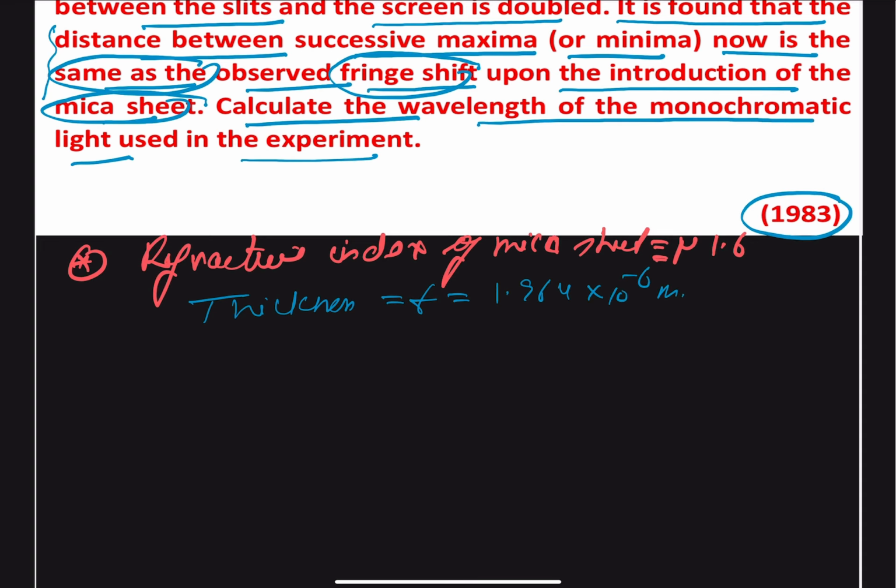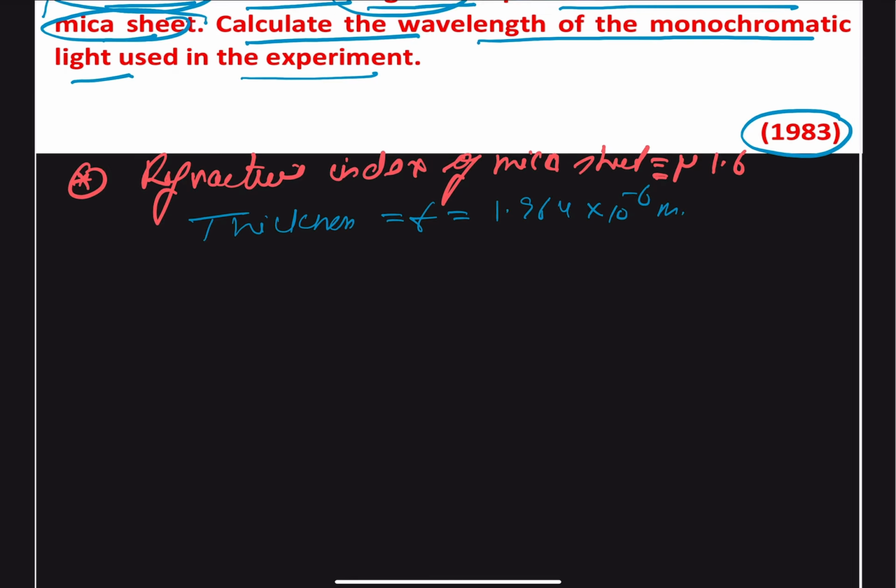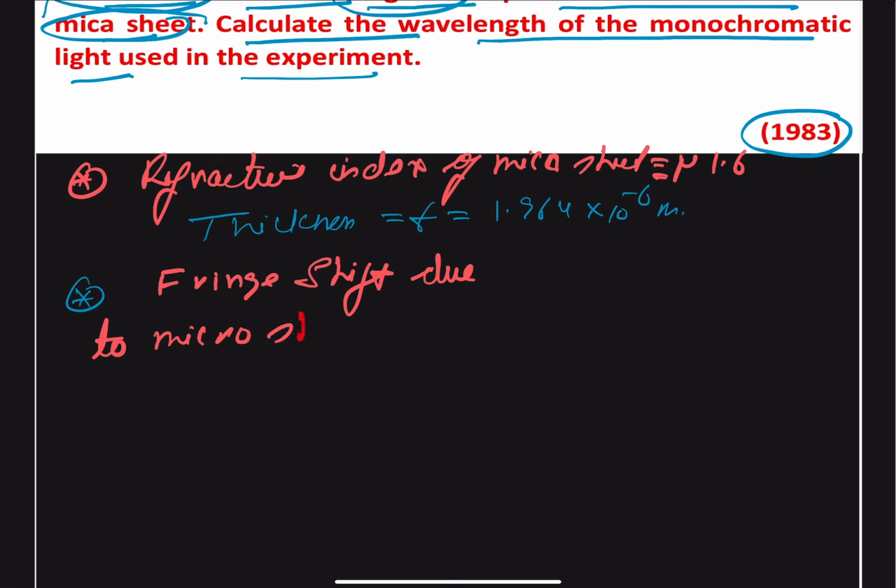And the important point which we have to keep in mind is that the fringe shift due to the mica sheet equals the new fringe width when the distance between the slits and screen is doubled.